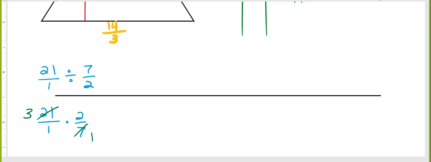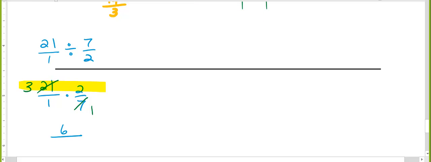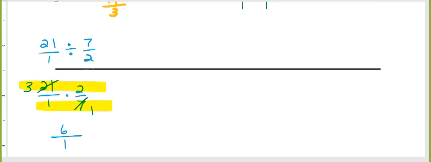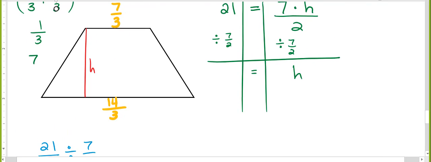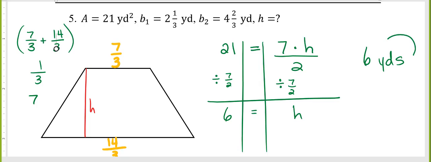So my answer will be 3 times 2 is 6 over 1 times 1 is 1. So my answer is just what? What is my height? 6 what? 6 yards. Good. 6 yards is my height. Perfect.